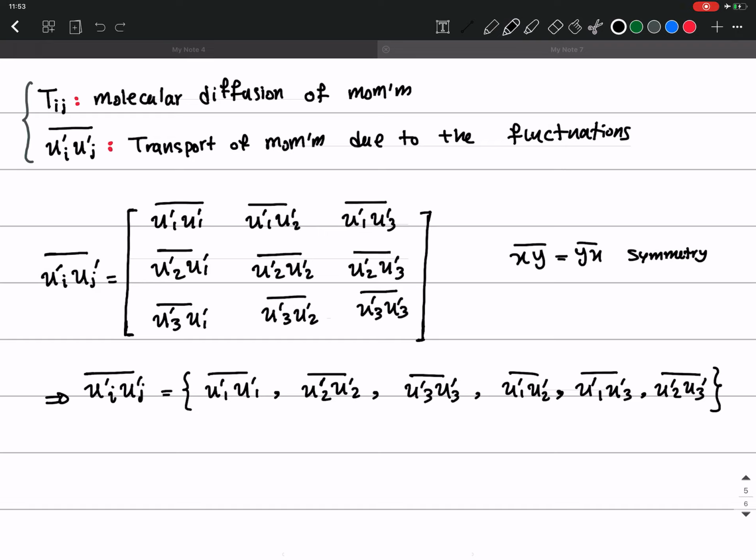Well, it can be determined based on this symmetry. So in total, we have 6 unknowns that we don't know.